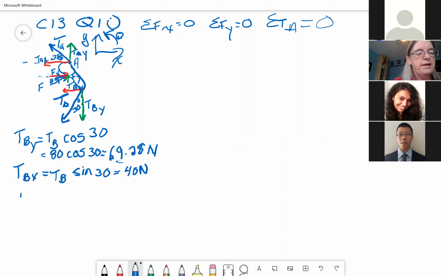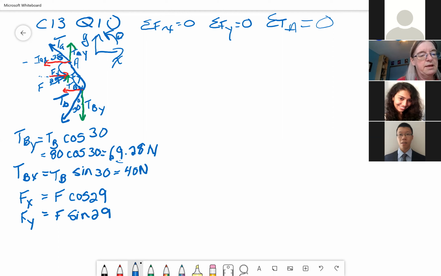So Fx equals F cos, it would be adjacent, cos 29, and Fy equals F sine 29, and TAX equals TA cos 38.